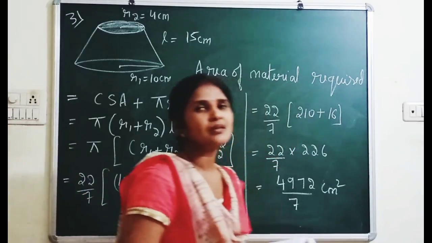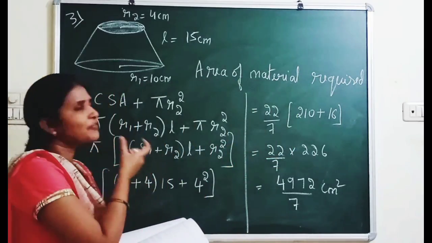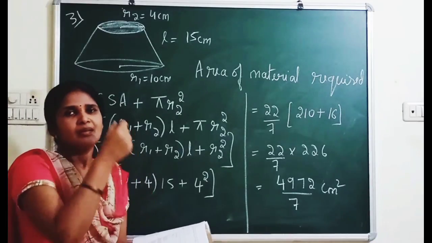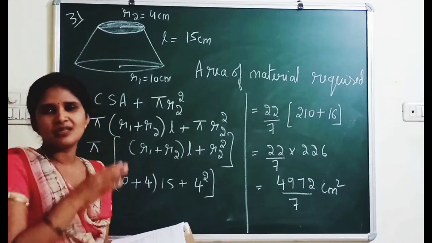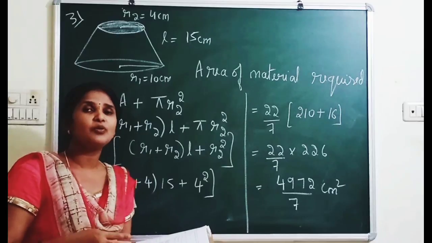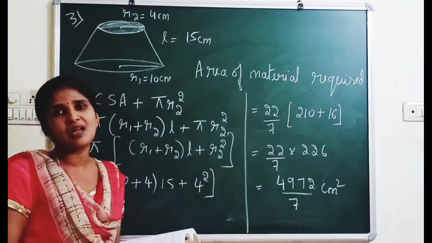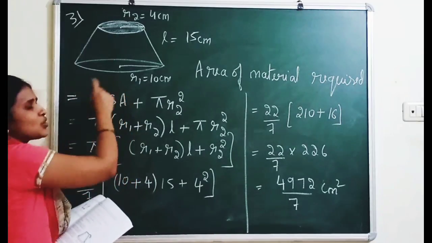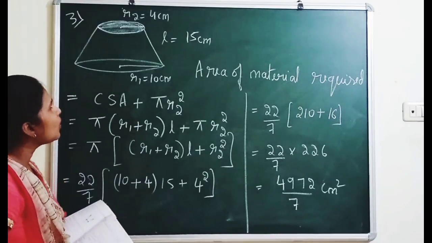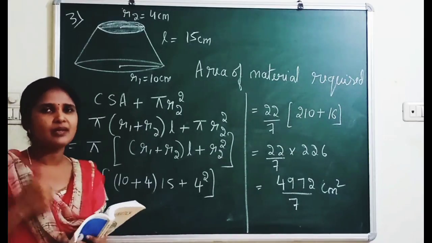So to make this cap, which is a frustum of a cone, he has used material. For that, what we have to find is how much area of material I have to use to make such a cap. So what do I have to consider, is it CSA or TSA?